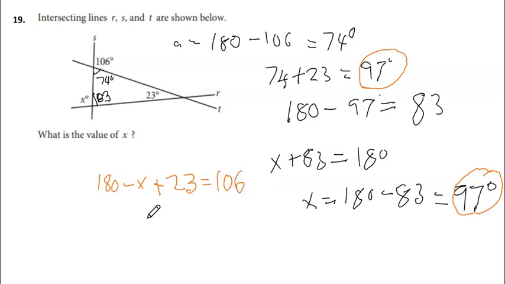And if you solve this, x is going to give you 97 degrees. So like I said, there are several ways to do this. You just have to understand and know how to deal with angles, right?